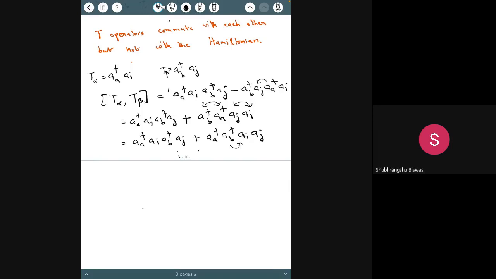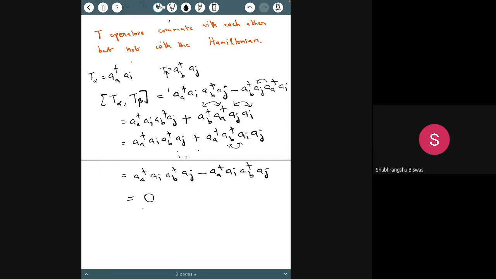Then I will again do that. This will give me a delta_bi, which is 0, minus a_i a_b†. A minus sign. That is 0. Okay. You can try it for any one.